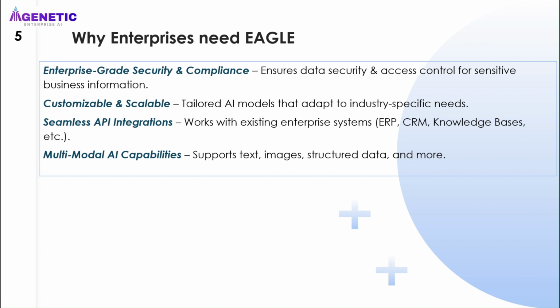Until you have accurate, intelligent insights, you do not know which exact API to make a call to in an automated fashion. So that's where Eagle also comes into the picture, giving those context-aware, intelligent insights about an enterprise. And then obviously, data resides in an enterprise in multiple different formats, so you need multimodal AI capabilities.